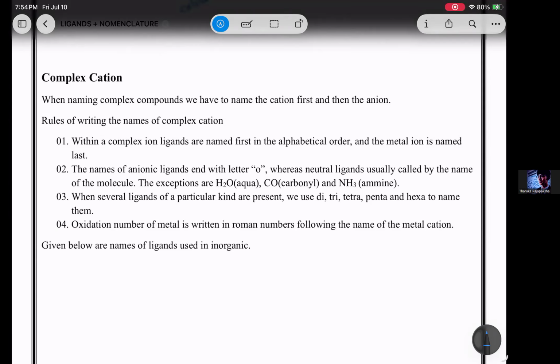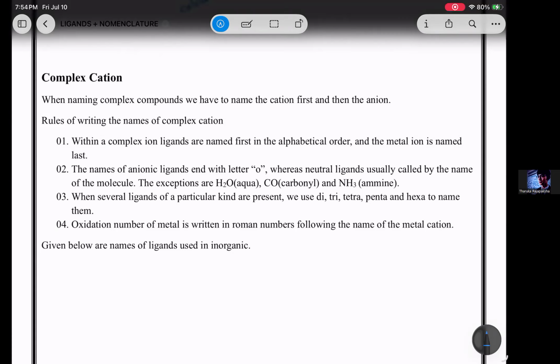Exceptions are H2O, which is aqua, carbon monoxide, carbonyl, and ammonia, amine. When several ligands of a particular kind are present, we use di, tri, tetra, penta, and hexa to name them. Fourth one, the oxidation number of the metal is written in Roman numbers following the name of the metal cation.